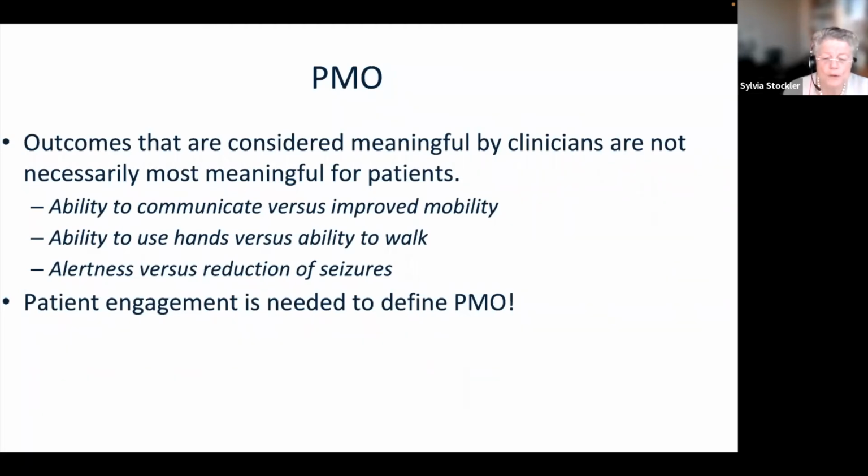Do we prefer a reduction or a complete resolution of the seizures at the cost of the alertness? Or do we take into account some seizures, but the child is still alert? So that's also most of the time a question between a clinician and a parent, what is really important for them. Therefore, I think I was able to make it clear that patient engagement is really needed to define those PMOs.